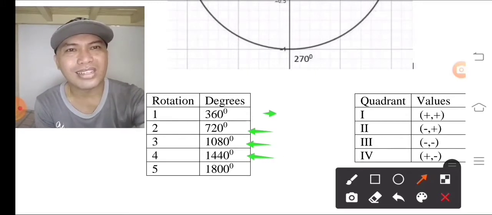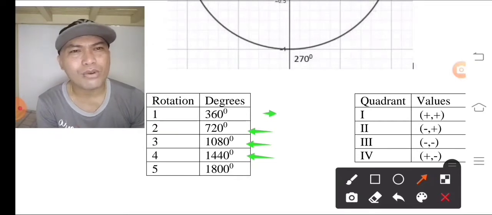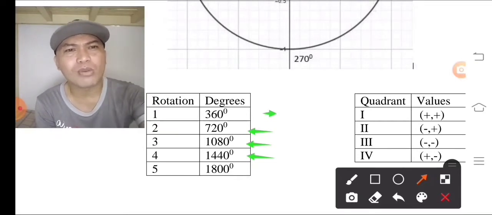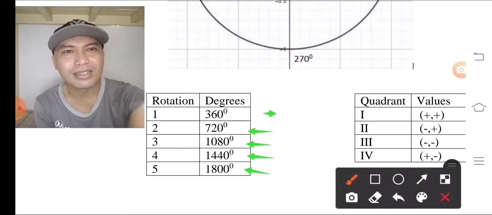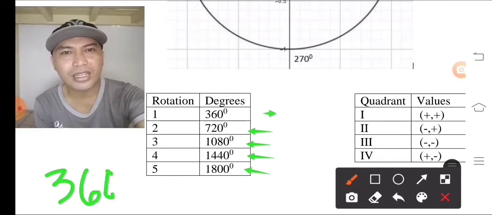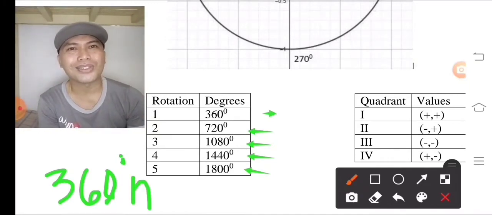Fourth complete rotation is 1440 degrees. Five complete rotations is 1800 degrees. Or you can simply write it as 360 degrees times n, the number of rotations.